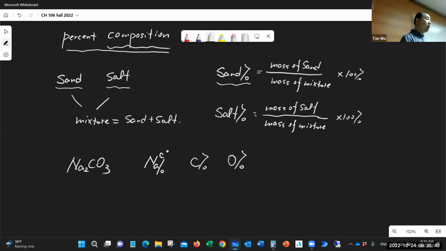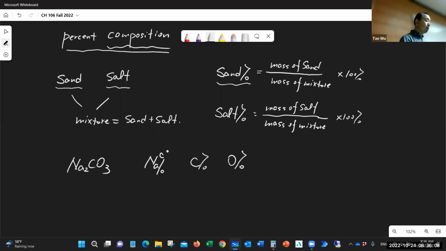Okay, so if we talk about the percent composition for a mixture, generally we talk about what the species in this mixture are and what the mass of each is, and using the mass to divide by the total mass of the mixture, you get the percent composition. But for a compound, a pure substance, you generally do the same thing.